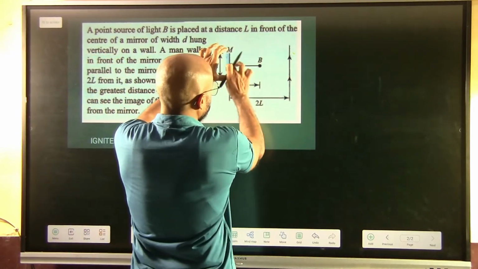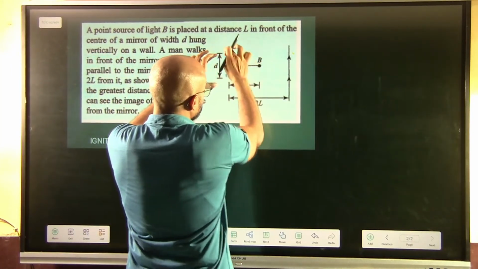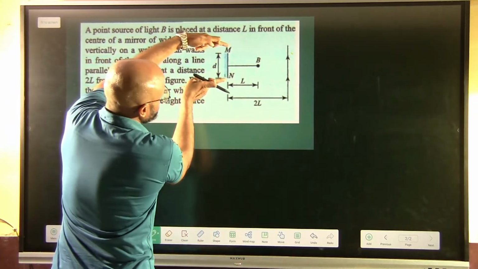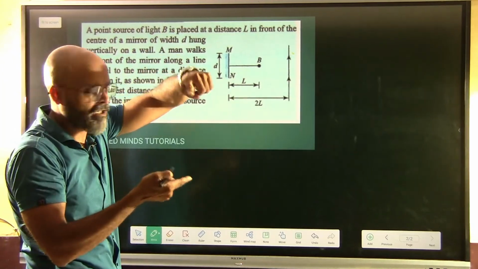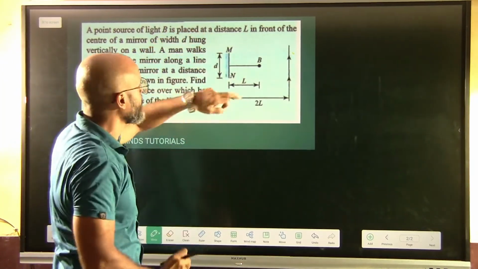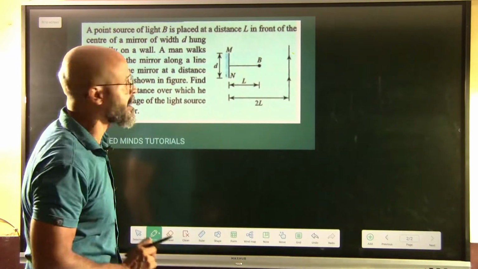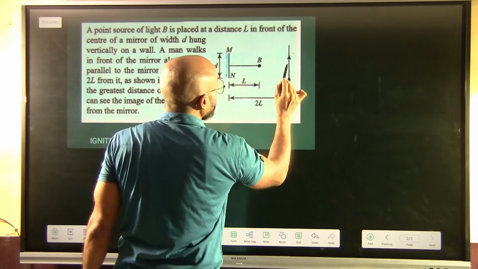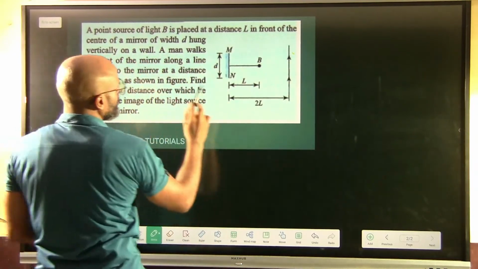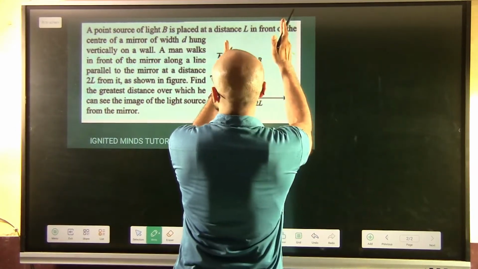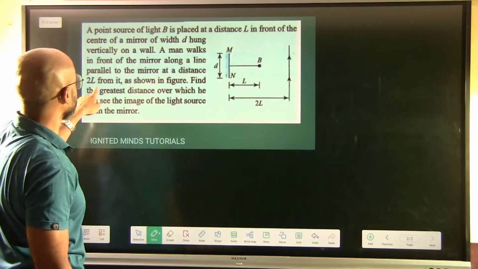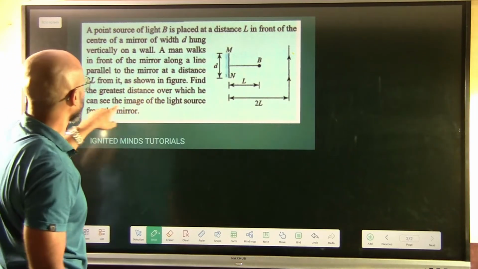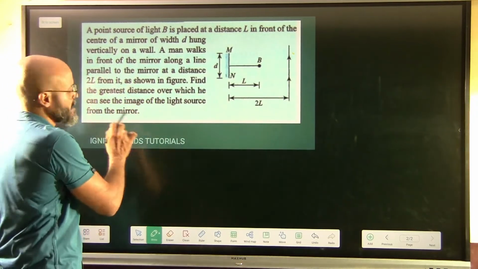This is the mirror hanging here, a mirror of width D, and at its center is placed a light source, B. A man walks in front of the mirror along a line parallel to the mirror, at a distance 2L from it, as shown. Find the greatest distance over which he can see the image of the light source in the mirror.